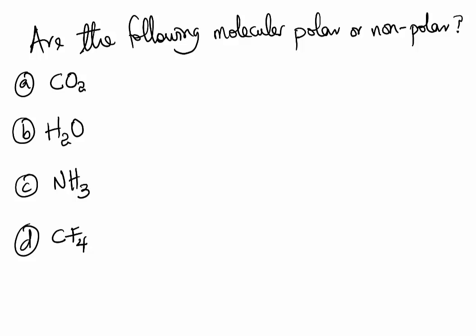To begin, we know we need to draw the Lewis structure for NH3. And if you do this correctly, this is what you should get as the Lewis structure for NH3. The next question then is, is this molecule polar or not? Let us examine the electronegativity between nitrogen and hydrogen.